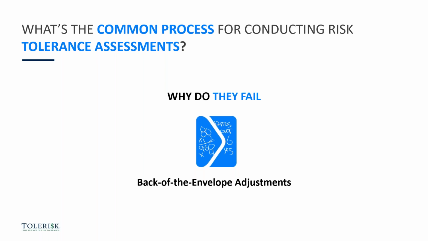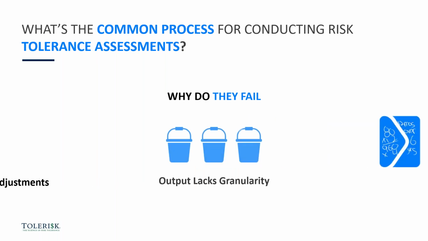Same thing if you had triplets going to college next year and so forth. Very often, though, the scenarios are not that simple. They're much more complex, and so back-of-the-envelope adjustments don't often do that justice, and that's a challenge.